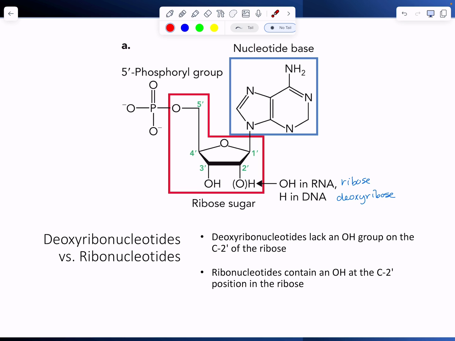Okay. The base that's attached to the sugar is going to be what's involved in base pairing. And so this is the part of the nucleotide that carries the information.